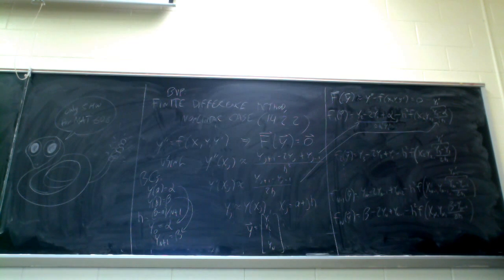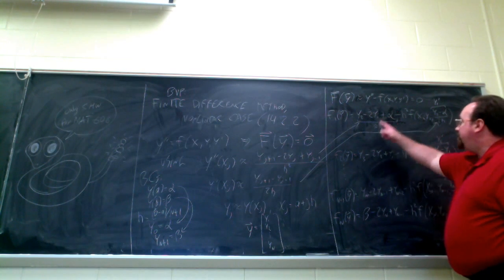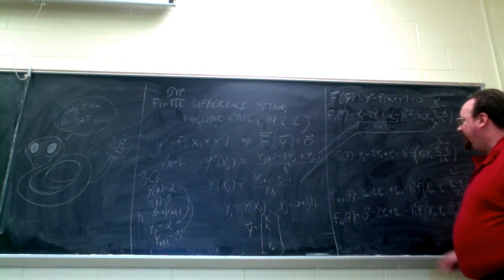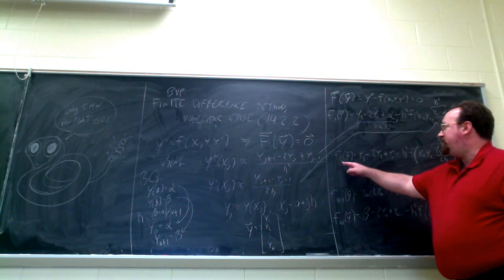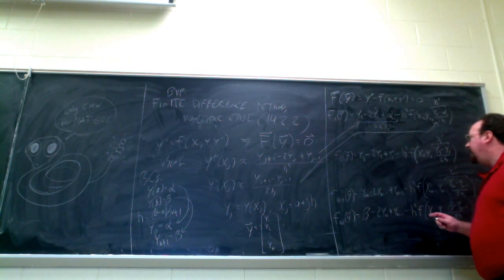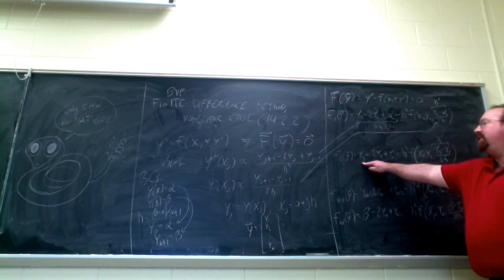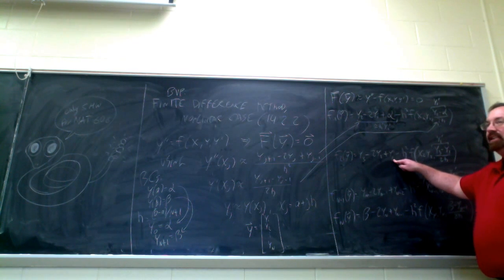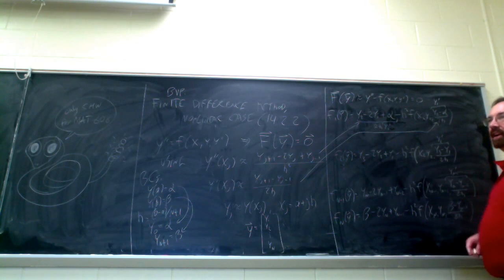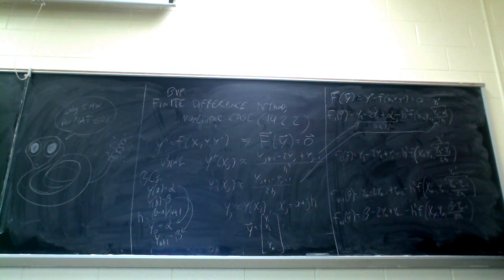Now, one thing to keep in mind here: notice that each one of these component functions, like component fj, depends only on yj, yj plus 1, and yj minus 1. Because of that, most of the entries of the Jacobian matrix will be 0.